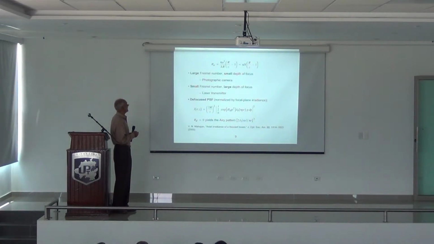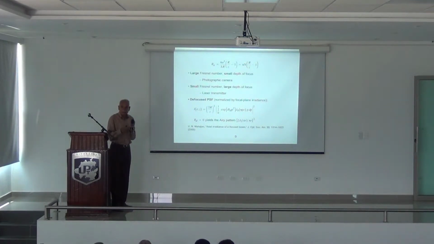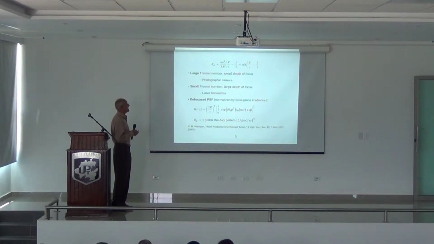Looking at this expression, you can see that if N is very large, z and r cannot be too different from each other, because otherwise the defocus aberration will be too much. If N is very small, then they can be different from each other and still not have a very large defocus aberration.